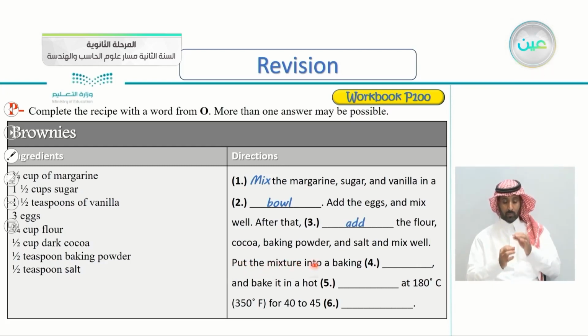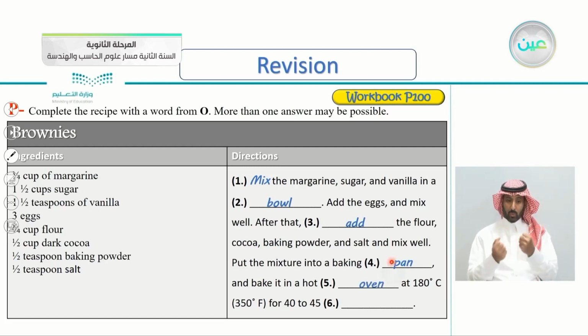Put the mixture into a baking, so we put all this mixture into a what? A baking pan, and bake it in a hot, at 180 degrees Celsius or 350 degrees Fahrenheit. So in a hot what? Yes, in a hot oven.